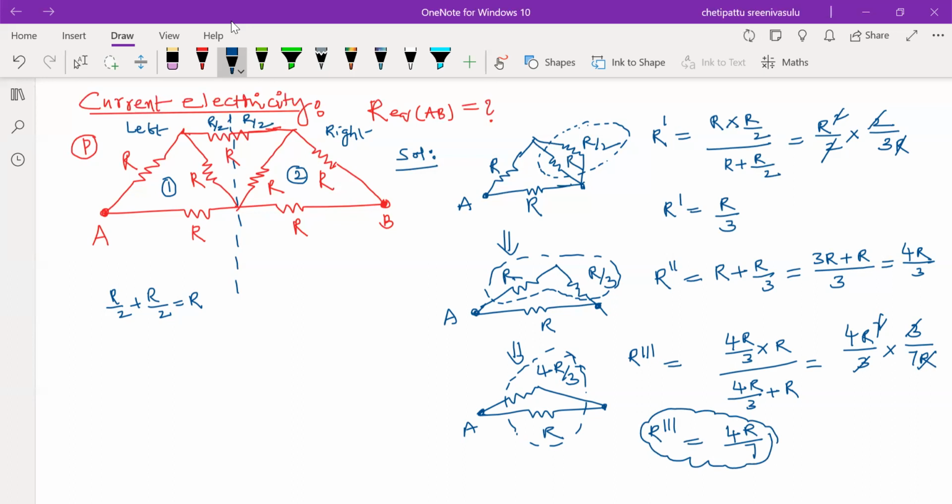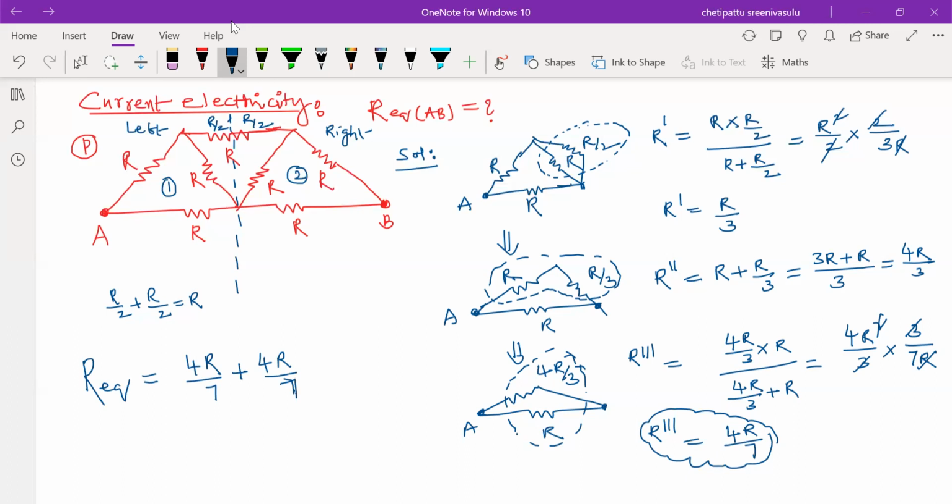But here there is a one and a two. For the R equivalent, the left side portion gives 4R by 7. For the right side portion, you again need to add 4R upon 7.